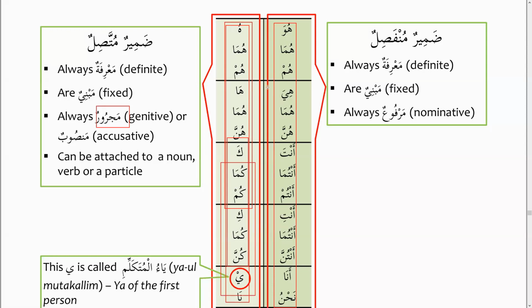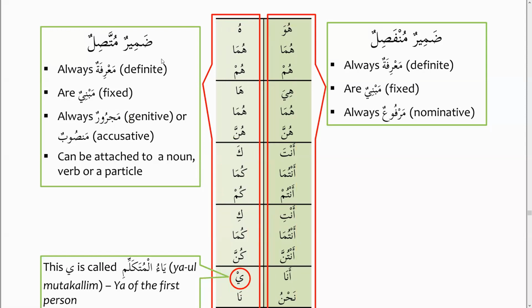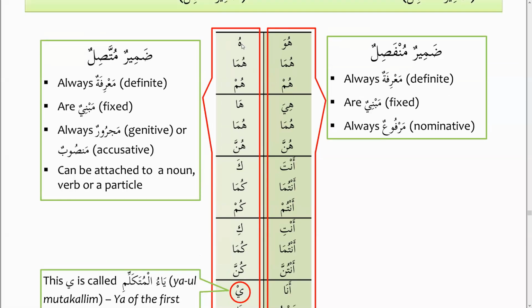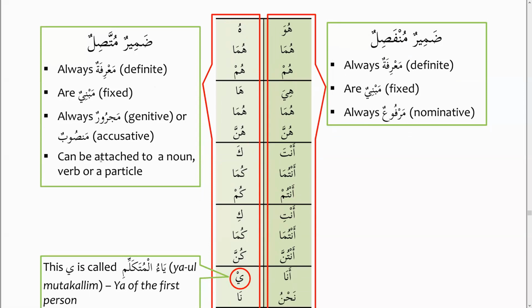So inshallah, we'll get into the lessons also, and we'll get a more clear idea about it. But try to get an idea that these are never marfu. These are either mudaf ilayhi, or an object of a verb, or majroor because of a preposition. So these can be attached to a noun, to a verb, or a particle.